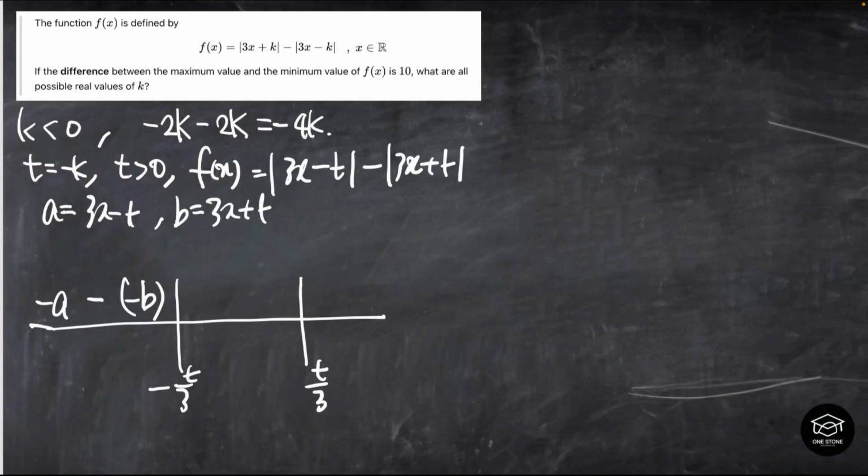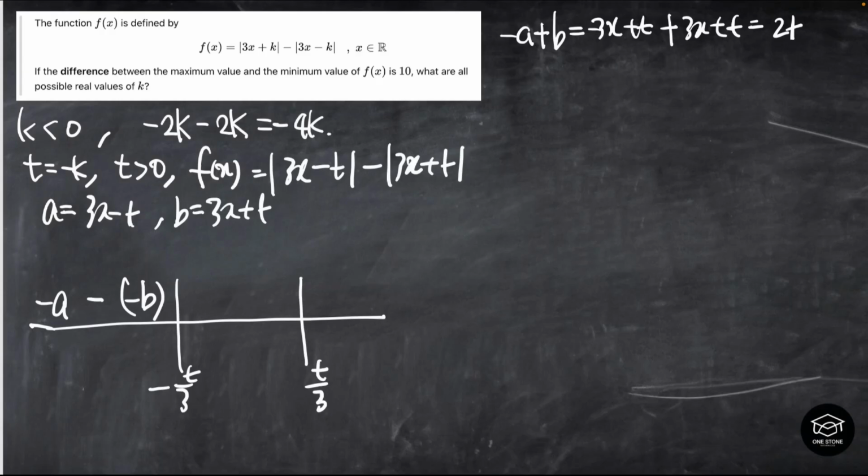The function becomes negative a minus negative b, which simplifies to negative a plus b. Substituting negative 3x plus t plus 3x plus t. The 3x terms cancel, and we are left with 2t. So in this region, the function equals 2t.